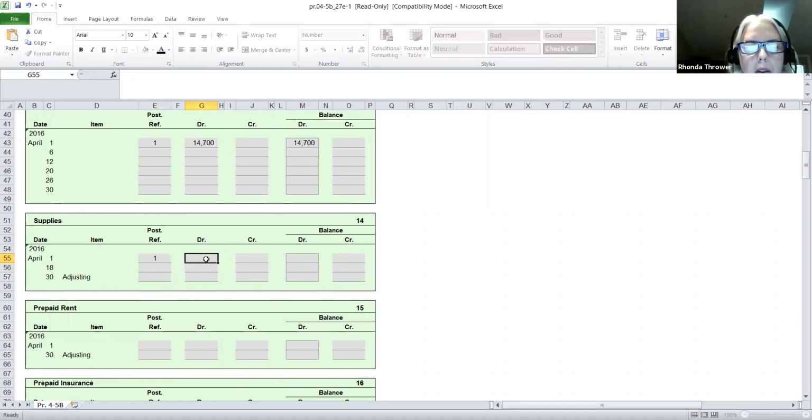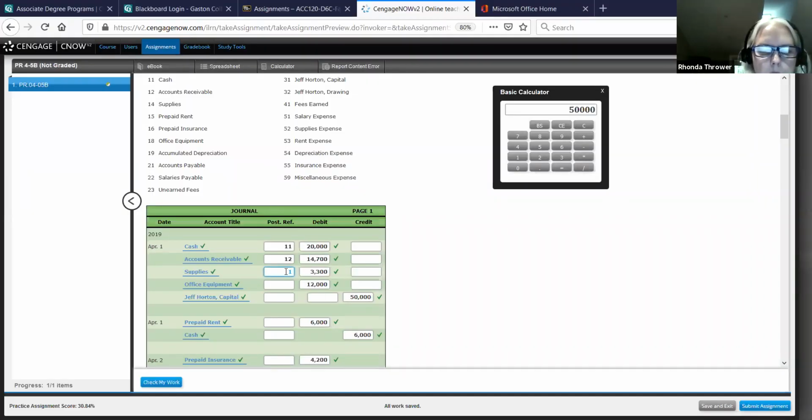I'm going to debit this account for 3,300. It's a debit balance. And 1-4 is going to go in my journal. This is how we post.